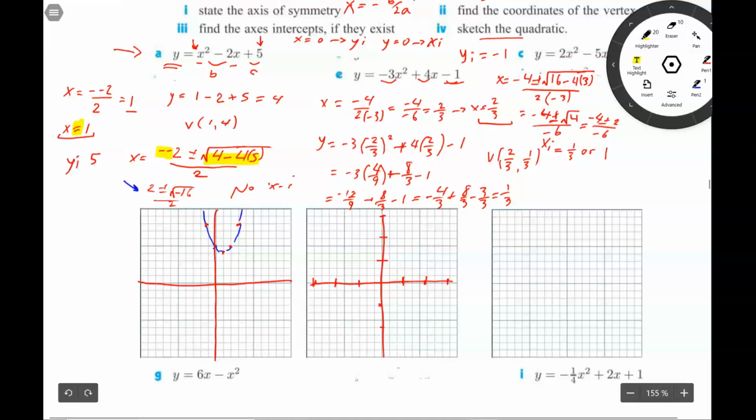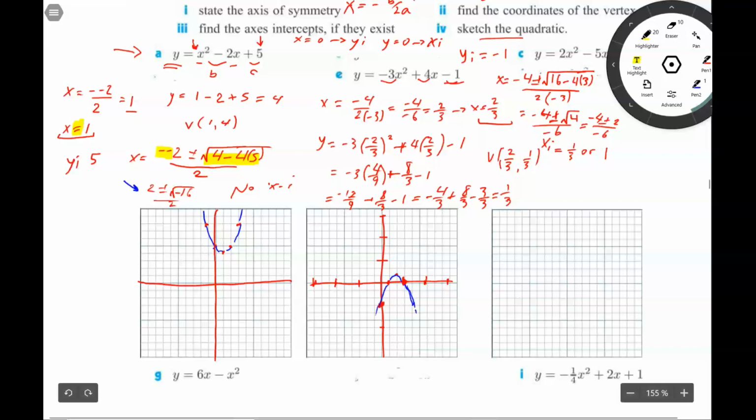So, for example, the vertex is 2/3, 1/3, so that would be like right there, right? And the x-intercepts are 1/3 and 1, so that would be here and here. And the y-intercept is -1, which would be here. And now I'm going to try to draw a parabola through those. And so just using symmetry, I know that the other point here is here, and so on. Okay?